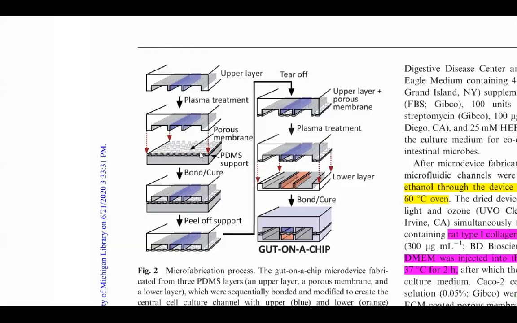Then the upper surface of this porous membrane was exposed to plasma, and the lower surface of the upper microfluidic channel was also exposed to plasma, and these two parts were assembled and bonded with plasma bonding.